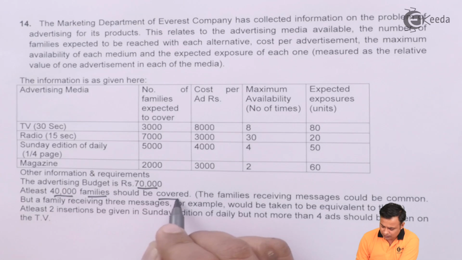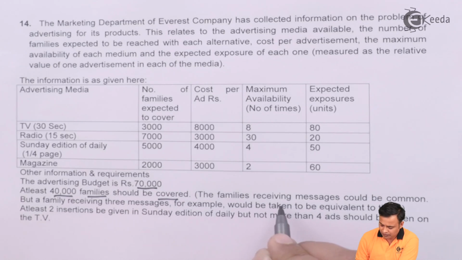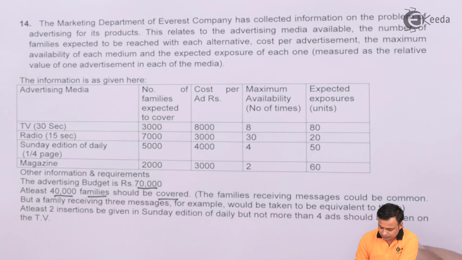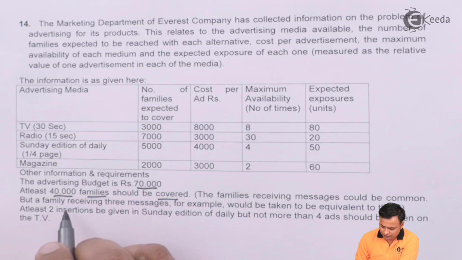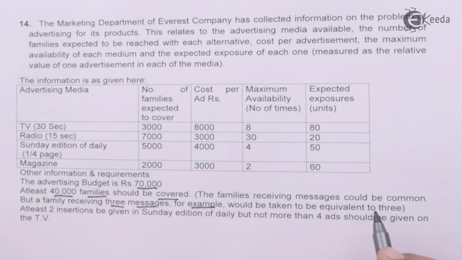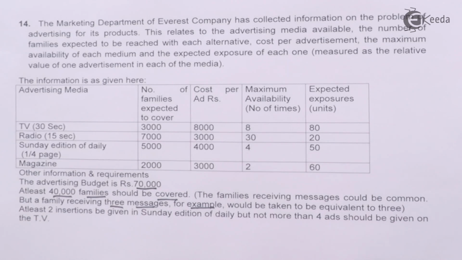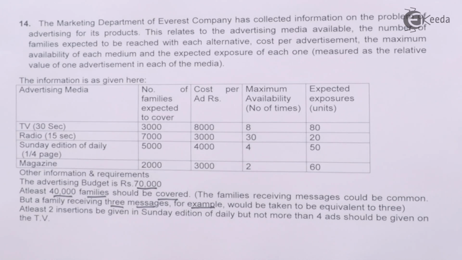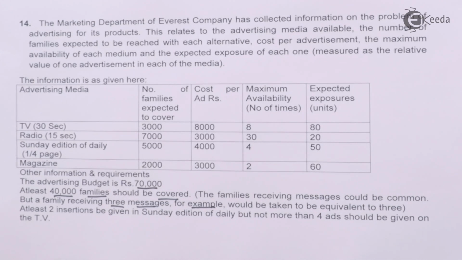families should be covered. The families receiving messages could be common, but a family receiving 3 messages, for example, would be taken to be equivalent to 3. That means that if the same family watches the advertisement on 3 different mediums, they will be considered as 3 different families, not one single family.